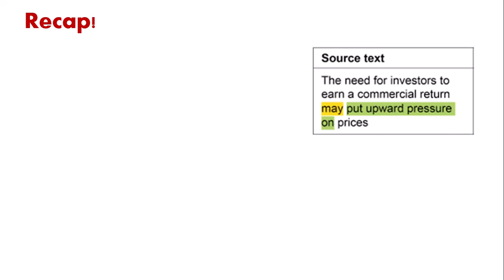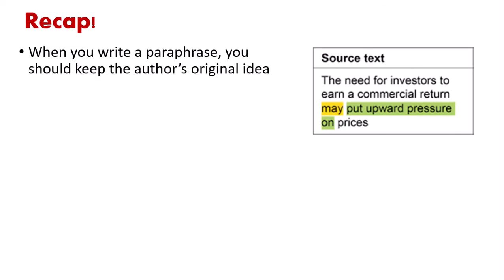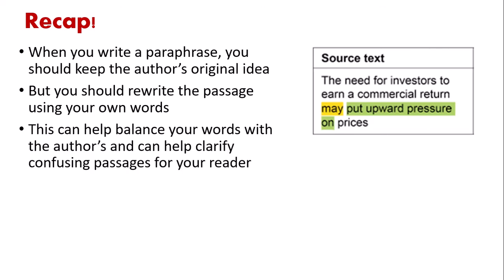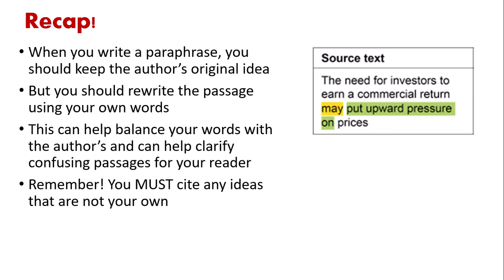So recap, here's another example of some source text. When you write a paraphrase, you should keep the author's original idea, but you should rewrite the passage using your own words. This can help balance your words with the author's and can help clarify confusing passages for your reader.